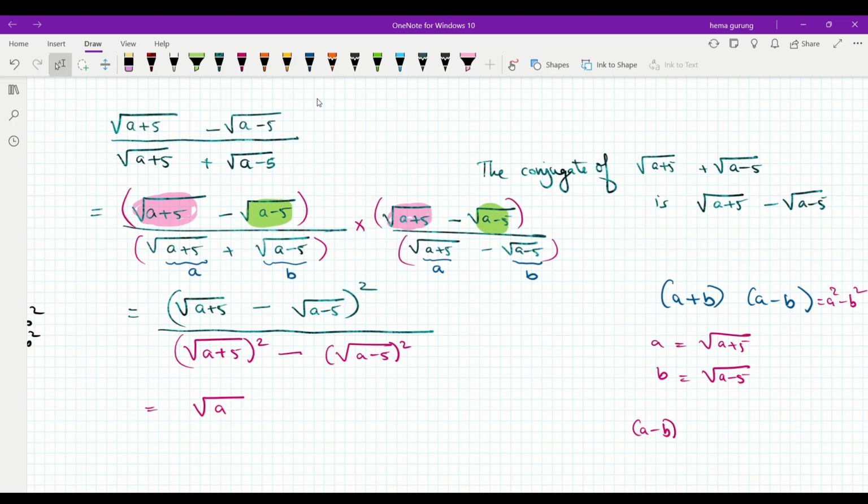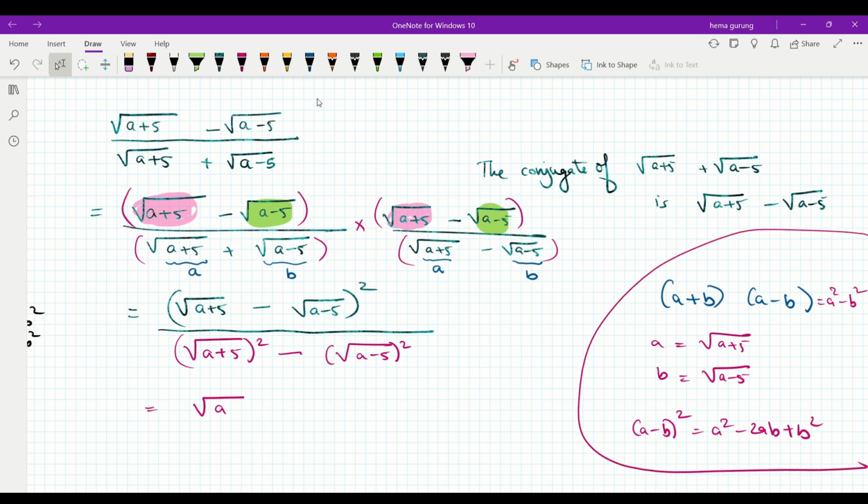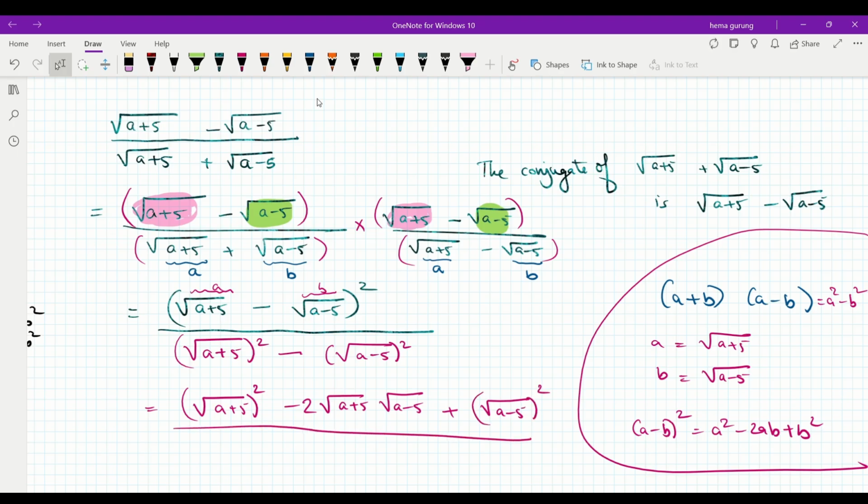Now apply (a − b)². (a − b)² is what? a² − 2ab + b², right? So I'm considering this as a and this one as b. So (√(a+5))² − 2√(a+5)√(a−5) + (√(a−5))².